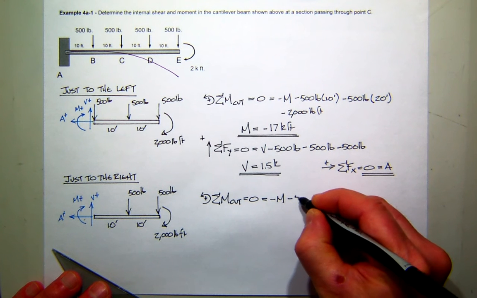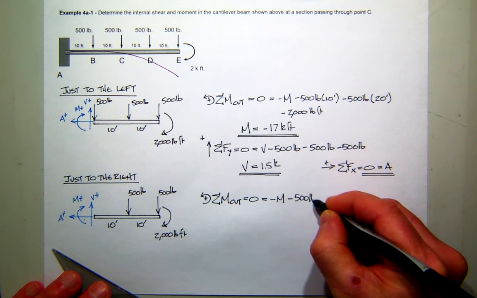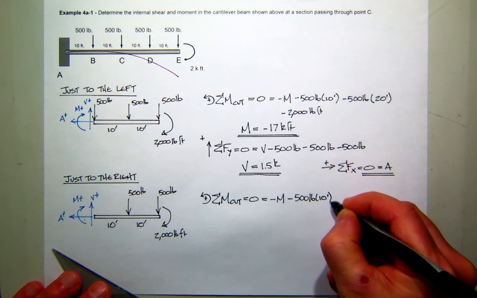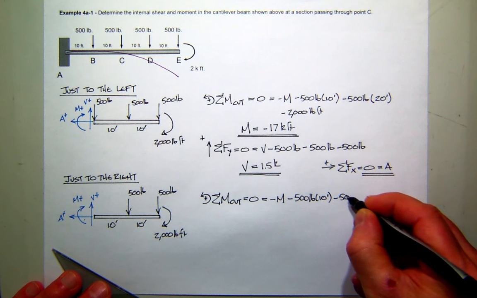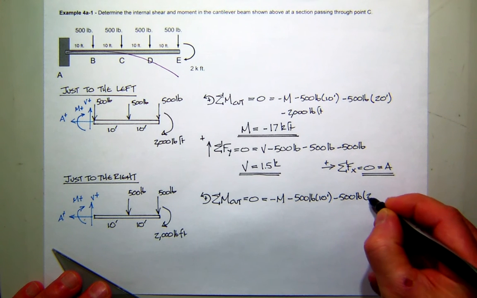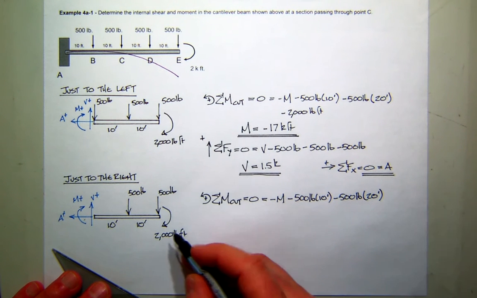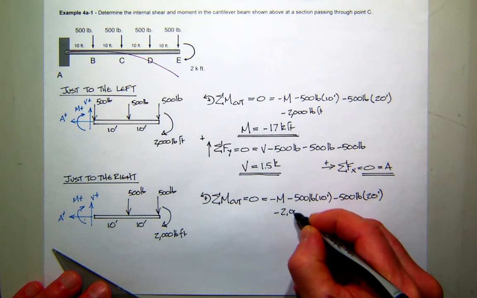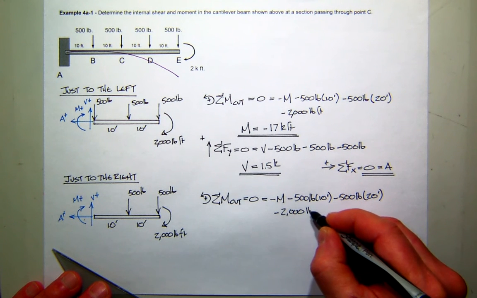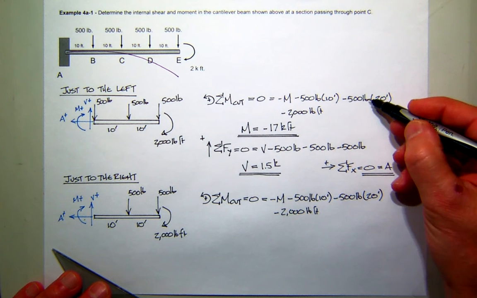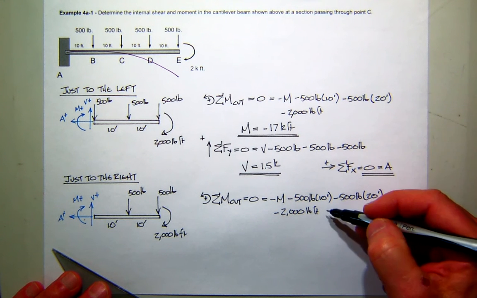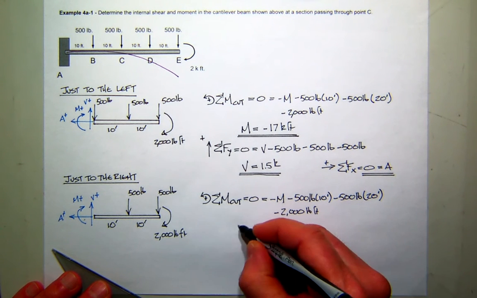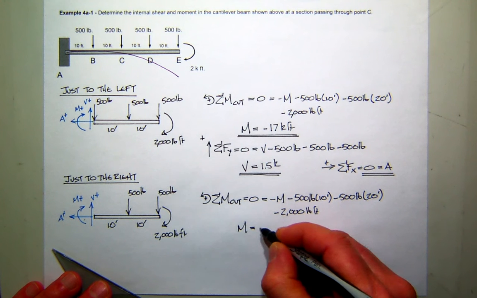Negative. So there's my 500 pounds, moment arm of 10 feet. The second one, 500 pounds, moment arm of 20 feet. And then the applied moment at the end, minus 2,000 pounds. It doesn't take much to look back and say that's the exact same equation. So our moment is unchanged.